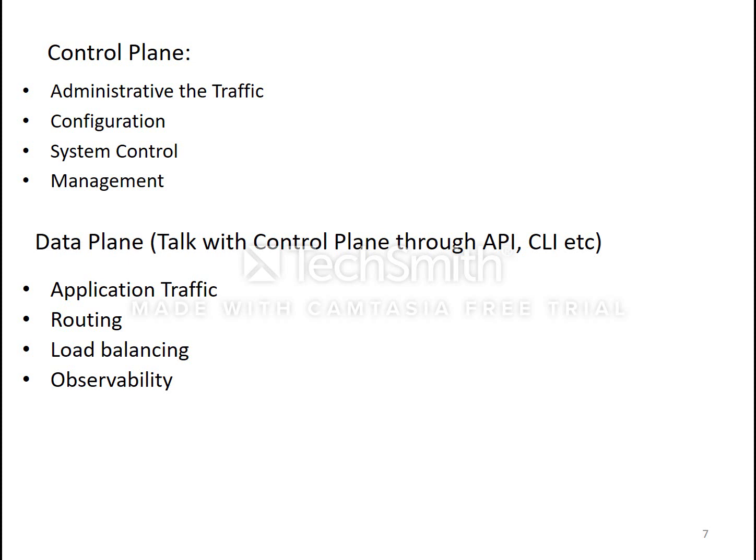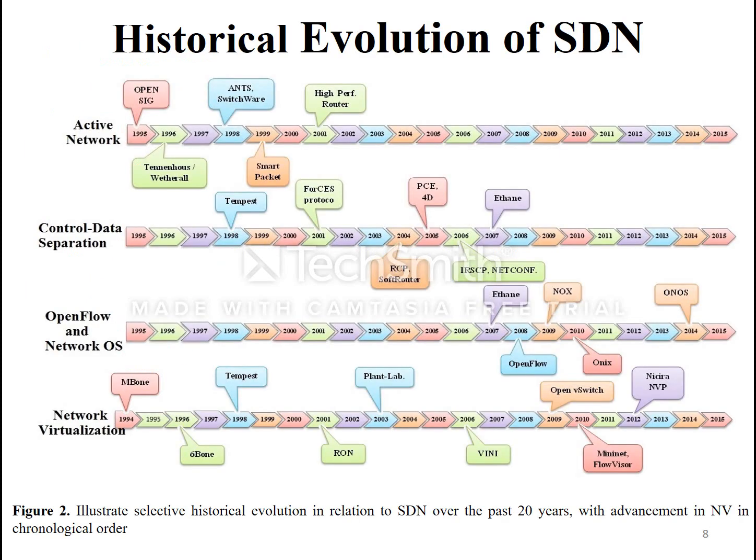No. The control plane is the master, and the data plane will communicate with the control plane with the API, CLI, etc. And the control plane can monitor the traffic in different ways, and that I will explain in the architectures.